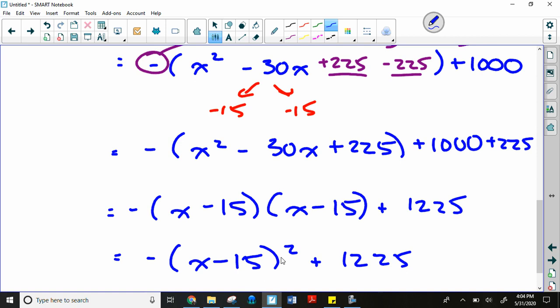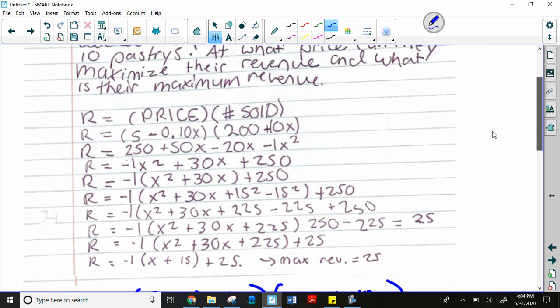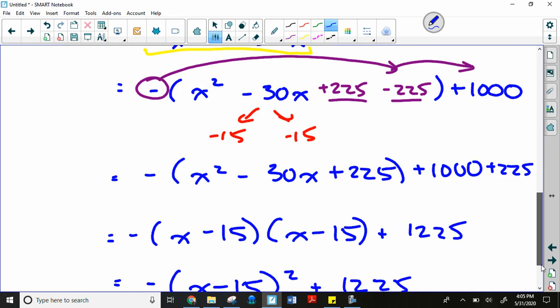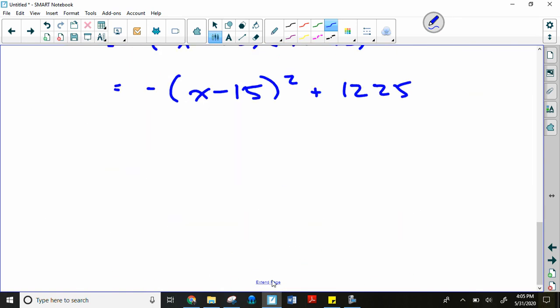But this is going to come into play when we're trying to figure out what the new price is going to be. So price is 5 minus 0.10x. Price is 5 minus 0.10x.